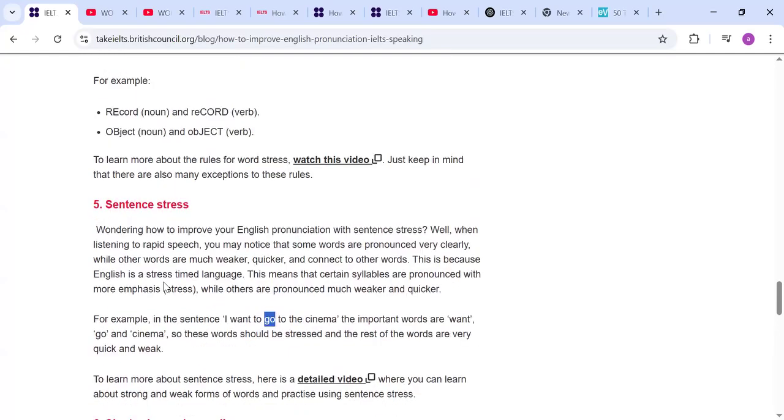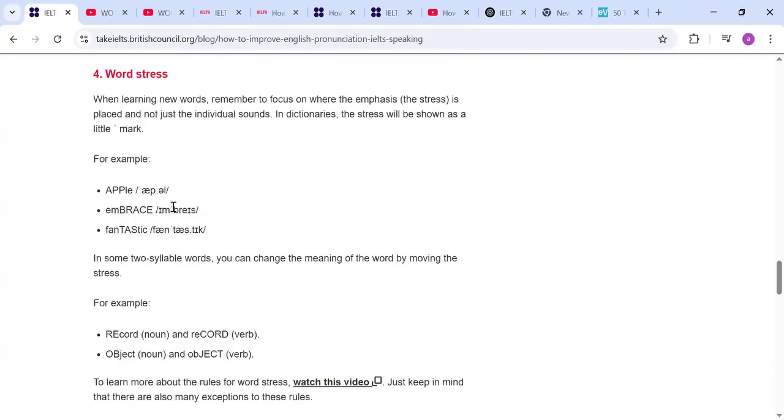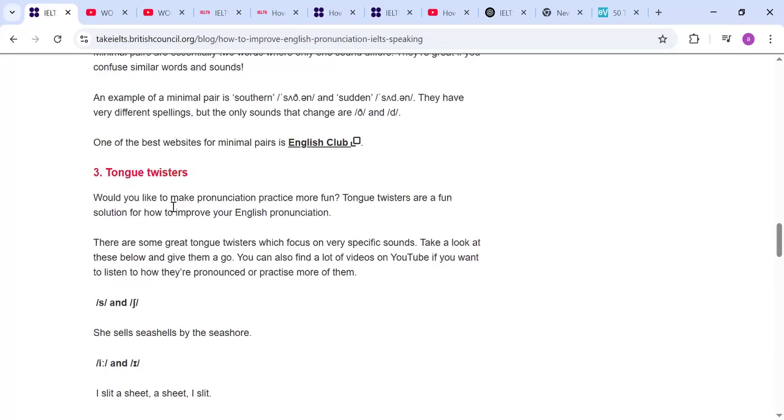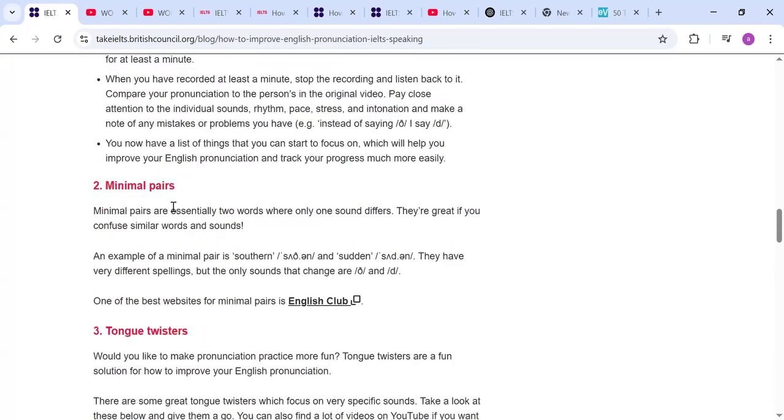My suggestion is that you don't focus too much on word stress and sentence stress if you are not very confident in producing clear speech. Your first focus should be to speak clearly, and try to record your speech and analyze how you are speaking.